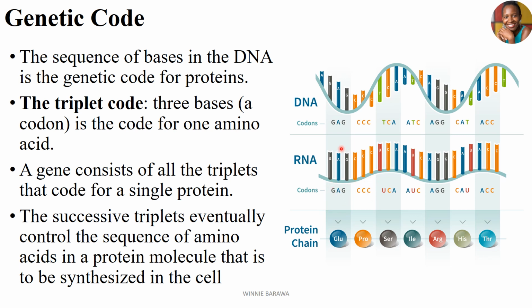So we will translate these codons from the RNA, and from the RNA it will now produce the different amino acids. The RNA is normally translated in our ribosomes because the ribosome is where protein synthesis happens, under cell organelles.